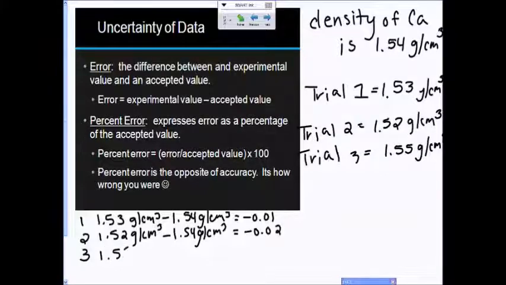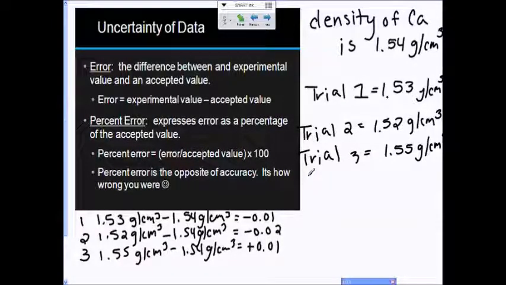Let's see what happens when you're above the accepted value. 1.55 minus 1.54 grams per centimeters cubed equals plus 0.01. Okay? So this is a very precise trial and an accurate trial. You're actually pretty close to the original accepted value, and all of your measurements are close together. So that was a really good trial.